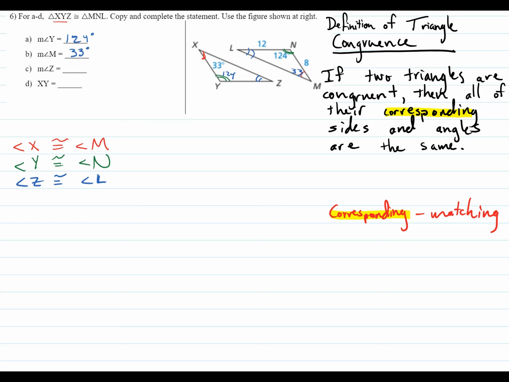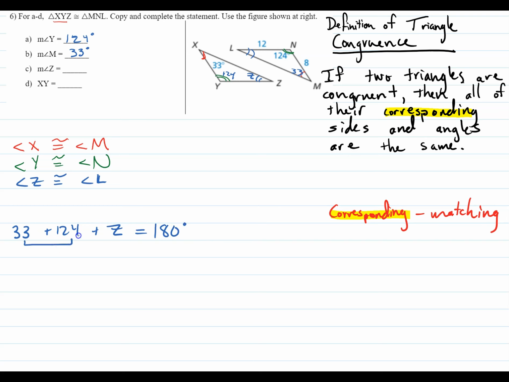Degrees, of course. And then to get angle Z, we have to notice that we know two of the angles in the triangle. So we can find the third angle using the triangle sum theorem. Let's call angle Z, let's call it Z actually. Let's add these three together, 33 plus 124 plus Z. If we add these three together, it has to add to 180.